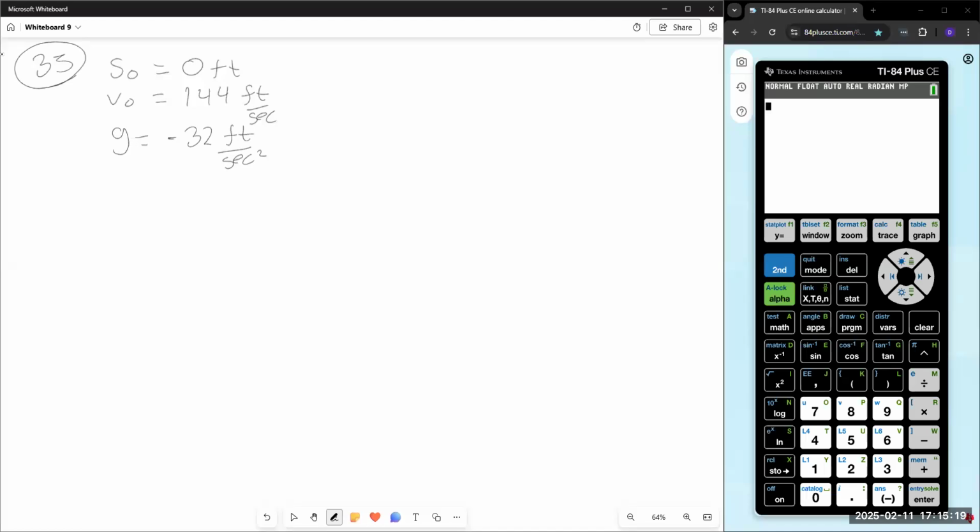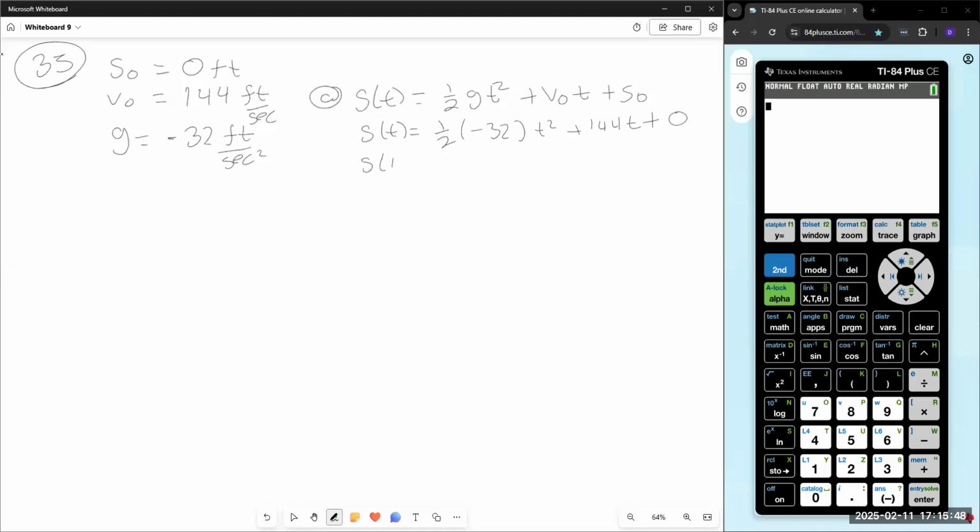So my position equation s of t is equal to 1/2 g t squared plus v0 t plus s0. So for part A, the initial position is 1/2 of negative 32 t squared plus 144 t plus 0.